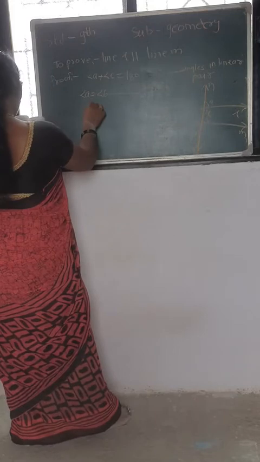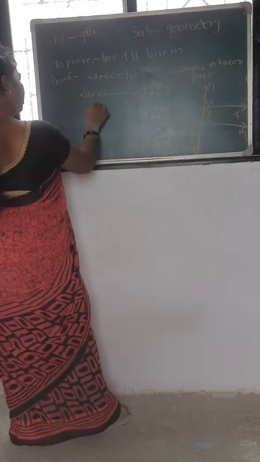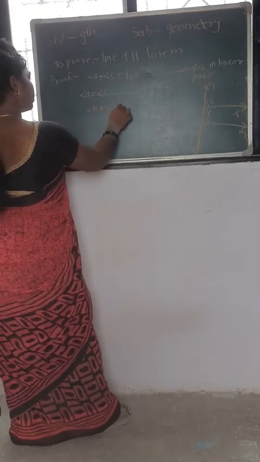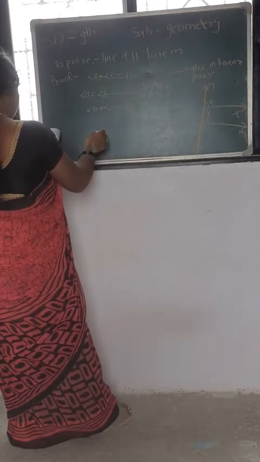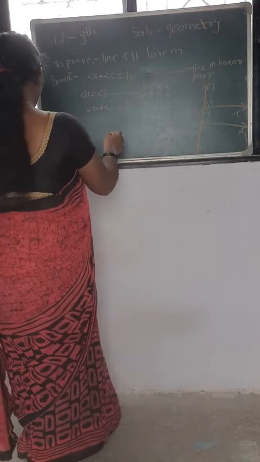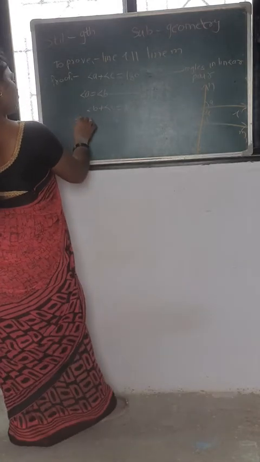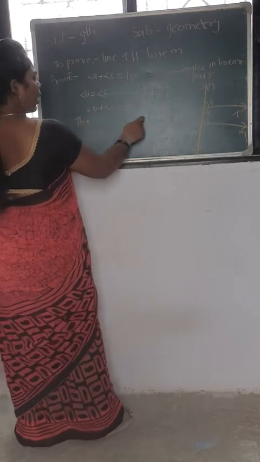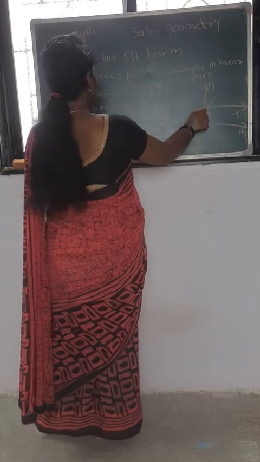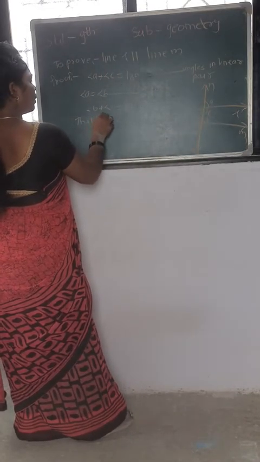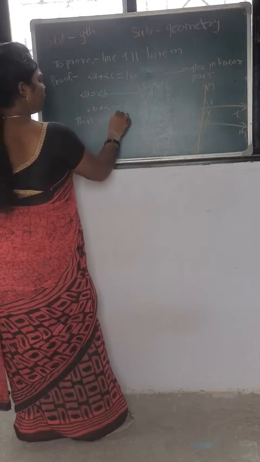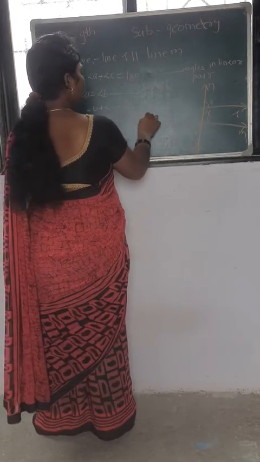Then angle B plus angle C is equal to 180 degrees.